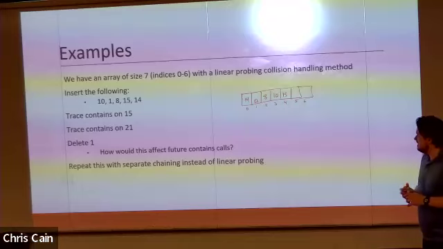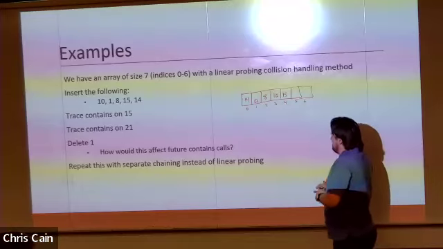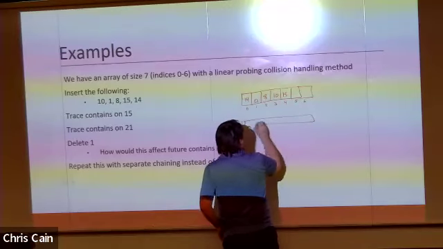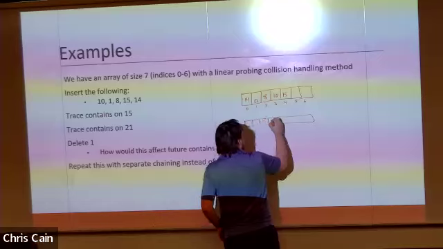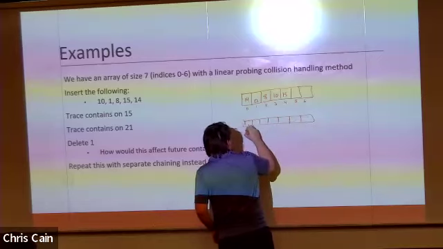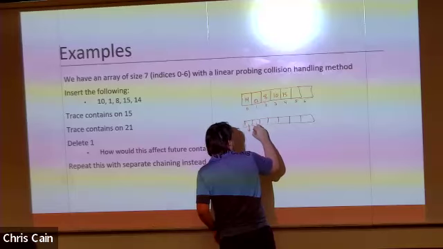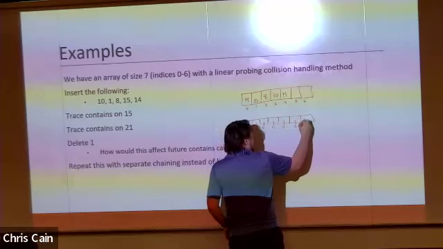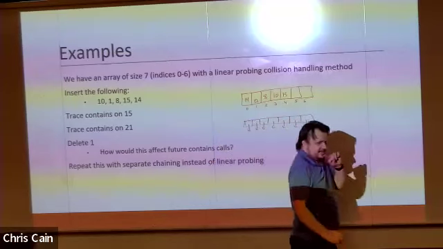Exactly. So it's still going to look exactly like this, except now, instead of each of these values being a single value, we're going to have these as the head of a linked list, and this is why you would want to implement a linked list with a dummy head.